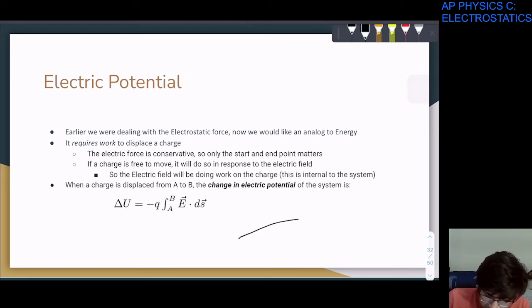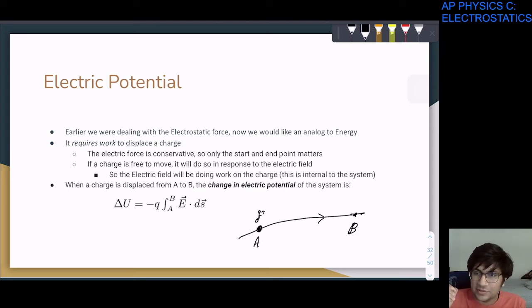If you think for a second, let's say we have an electric field that looks like this here, and we move a charge from point A to point B, and suppose the charge is positive. Do we expect it to be positive or negative energy? Well, the charge itself will follow the electric field line, so actually it'll be negative, right?